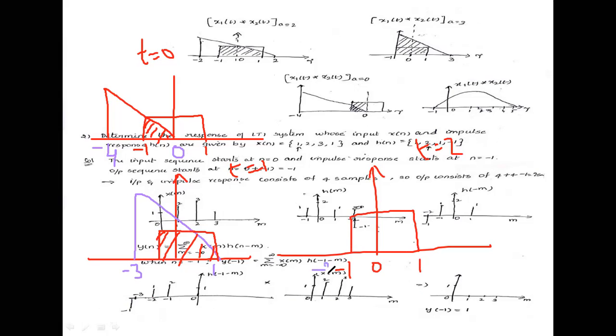So it starts from minus 2, and 0 plus 2 is plus 2 here. So again, it is from the 2 to the value like this. Now the overlapping occurs here.